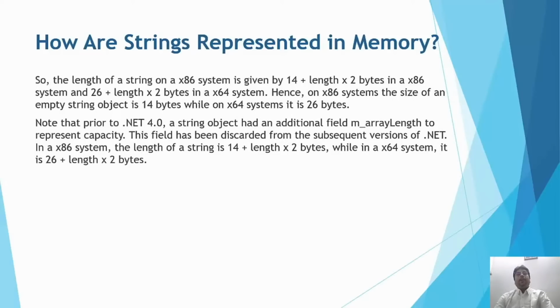So the length of a string on x86 system is 14 plus length into 2 bytes, and on a x64 system it is 26 plus length into 2 bytes. So that means if your strings are empty on a x86 system, it will consume 14 bytes, and on a x64 system it will consume 26 bytes.